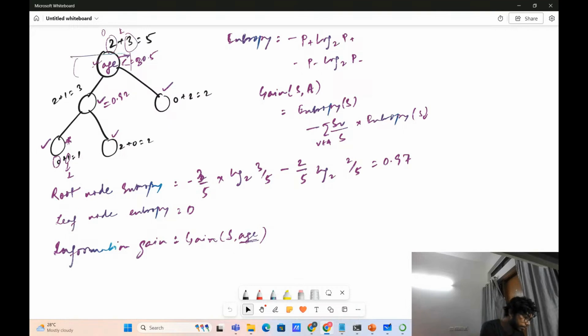That is basically what we calculated here, right? The root node entropy. In the initial data, you have two zero samples and three one samples. Based on that, we calculated the entropy and it came out to be 0.97. So this is the entropy of the whole tree S.